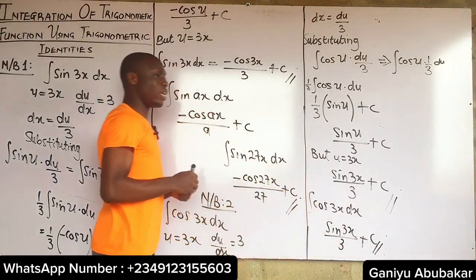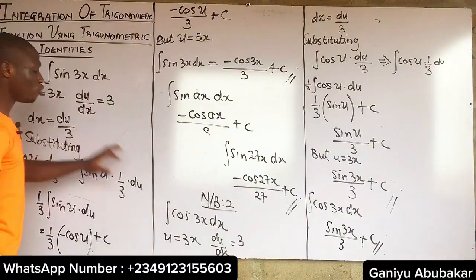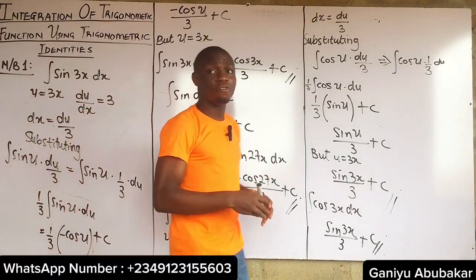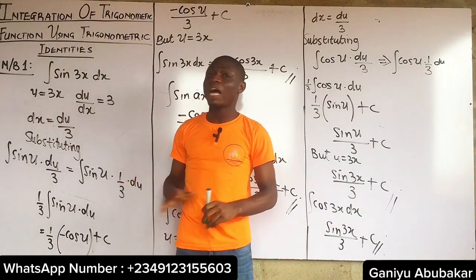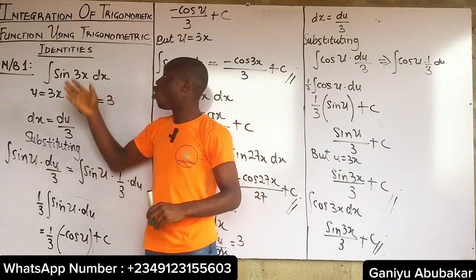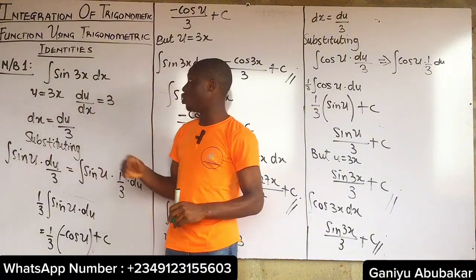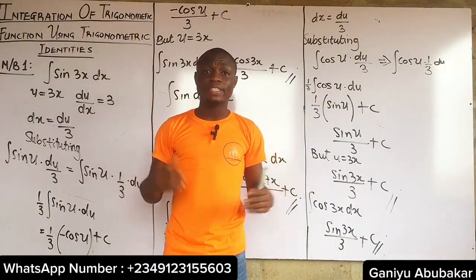That's the shortcut. So understand these two notes, number 1 and number 2, that I just put in front. We use this concept in solving case 1, case 2, 3, and 4 under the idea of integration of trigonometric functions using trigonometric identity.